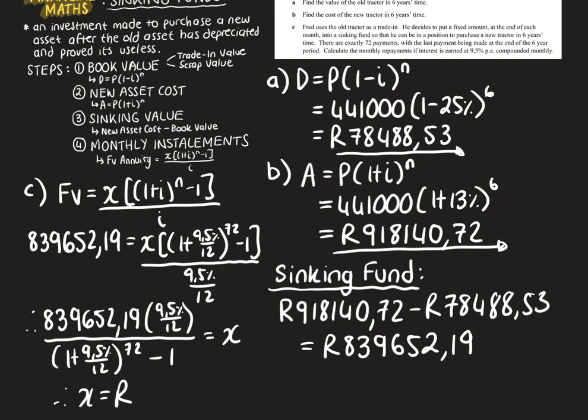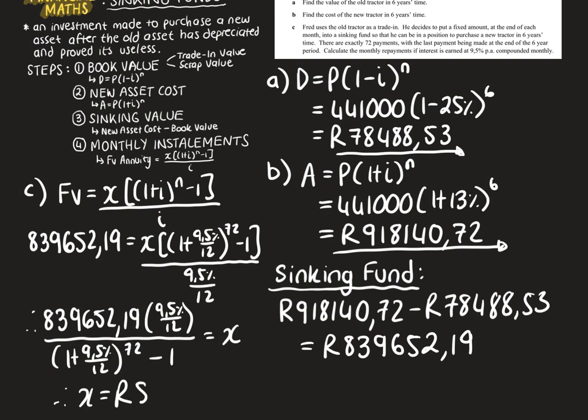Therefore, my installments that I'm going to have to pay in every month is going to be as follows. Answer, fraction button, 9.5% over 12, all over, 1 plus fraction button, 9.5% over 12, to the power of 72, minus 1.